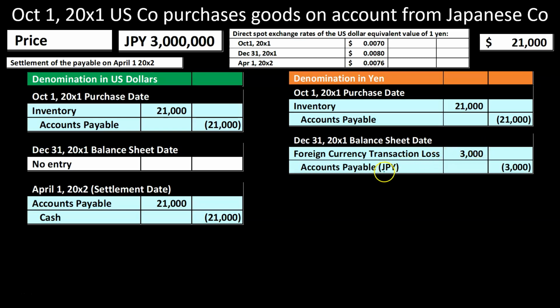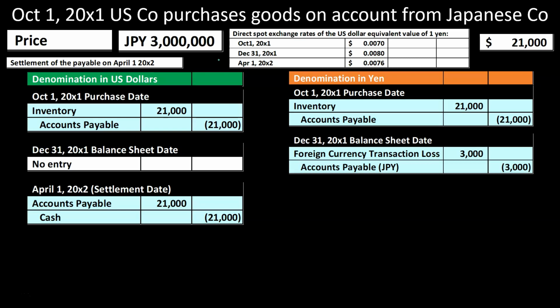Then at the balance sheet date, December 31st, we have to revalue the payable. The payable is now on the books at 21,000, but that really reflects 3 million yen. And now the value of the yen has changed. Just like if we were talking about stocks that are changing on the market, we can now see what that change is because it's a similar market type of transaction.